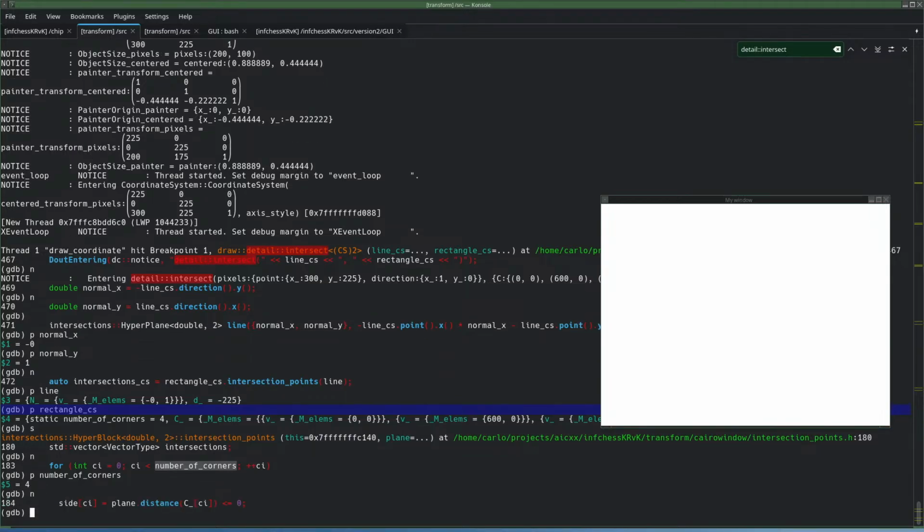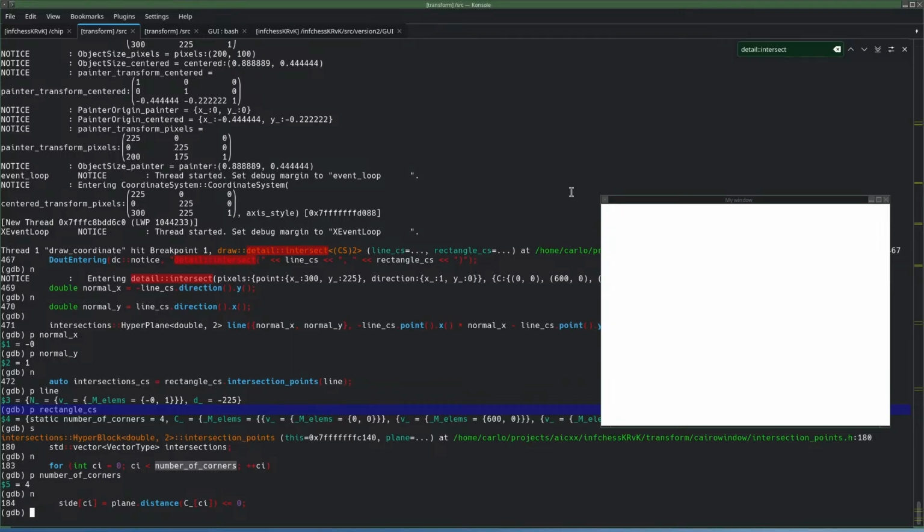And then we set which side they are on. So the normal is pointing down, right? And we're going to say true if they are on the side of the normal. So this point and this point must be true, and those two must be false.